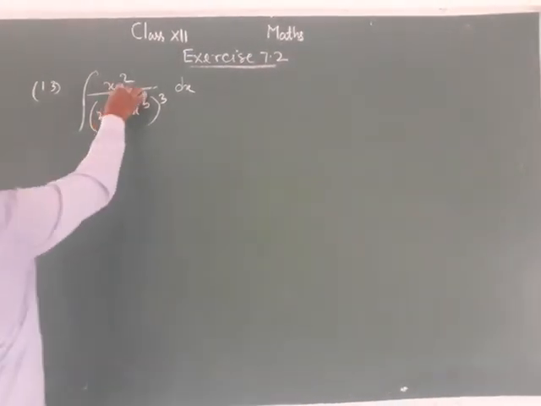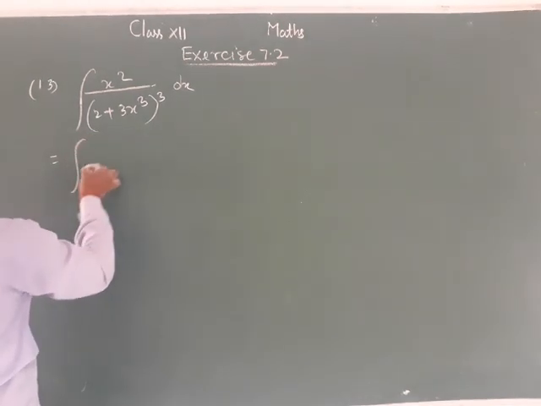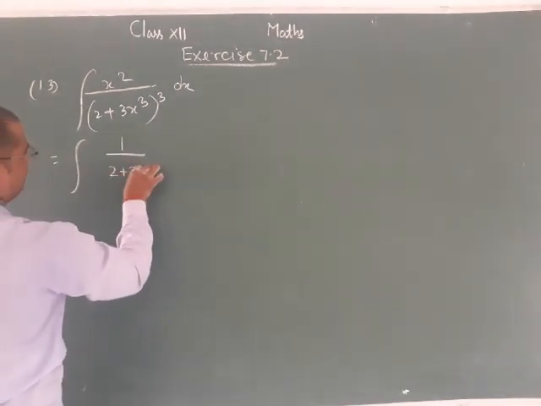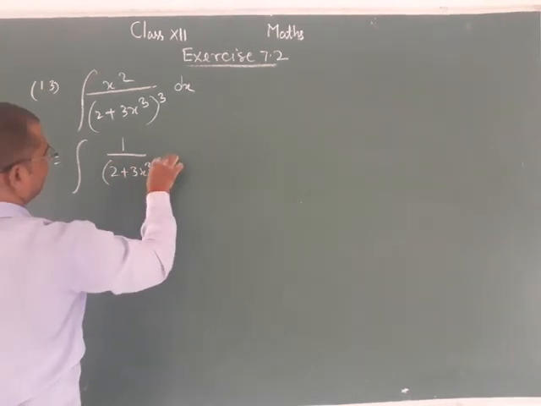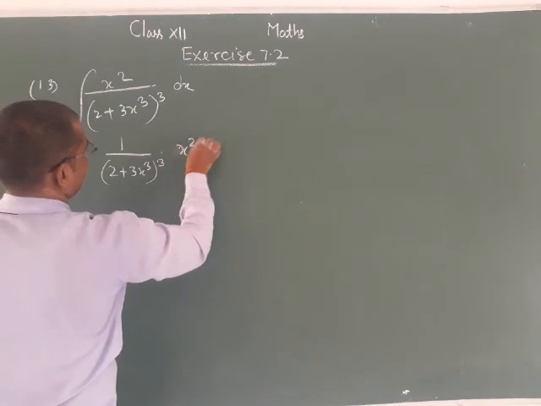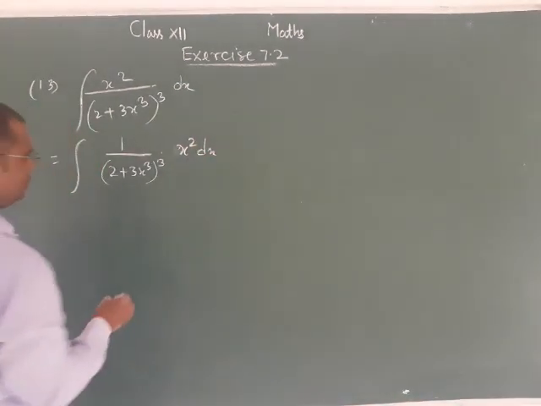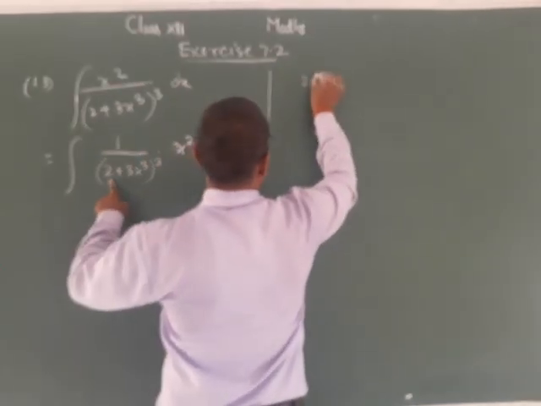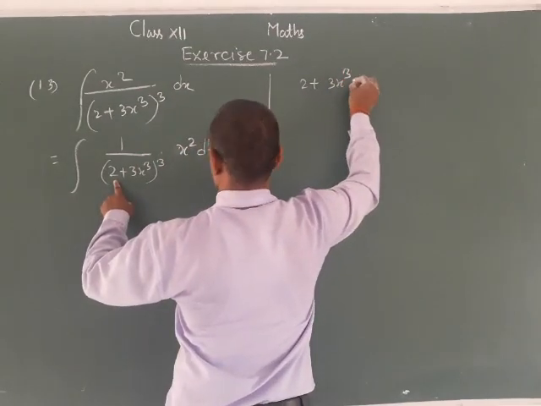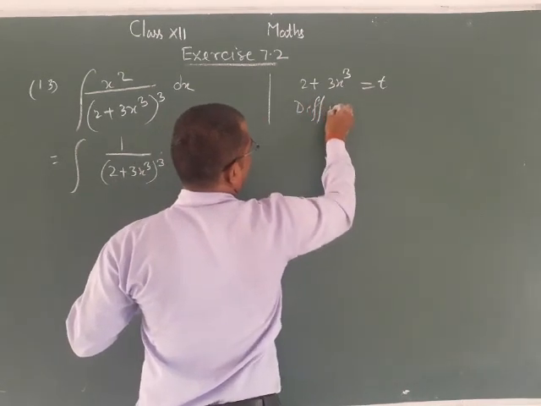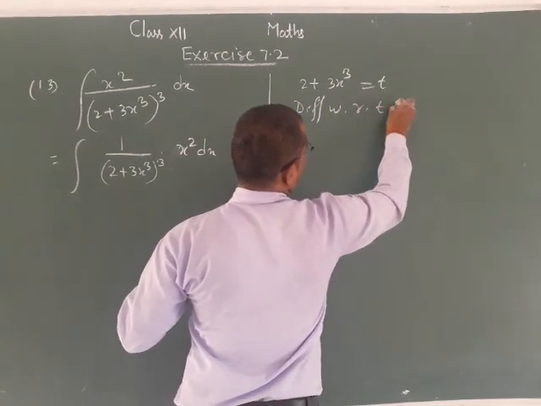This question can also be written as the integral of 1 upon (2 plus 3x^3)^3 into x square dx. Now put 2 plus 3x^3 equal to t, and differentiate with respect to x.